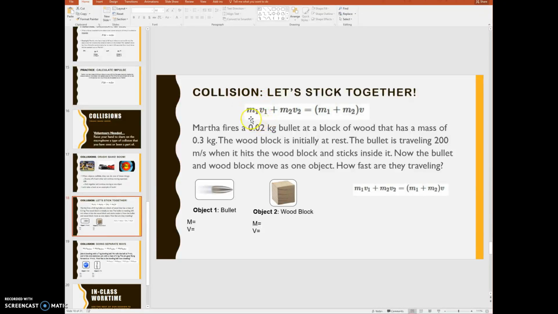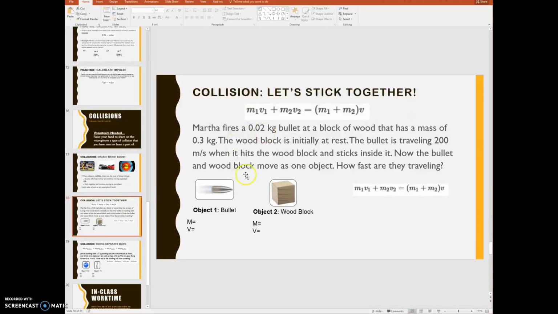This equation says m1 times v1, the mass of object 1 times the velocity of object 1, added to m2 times v2, the mass of object 2 times the velocity of object 2, equals the sum of both of their masses, m1 plus m2, times the velocity of those objects as they move as one thing.